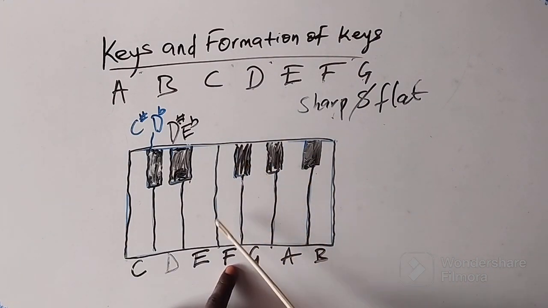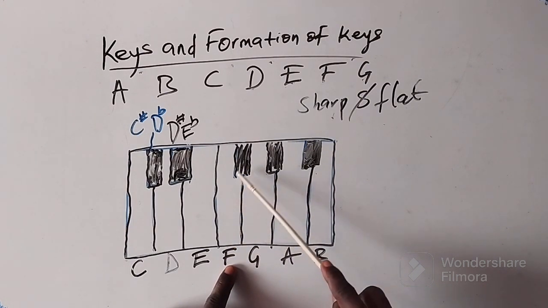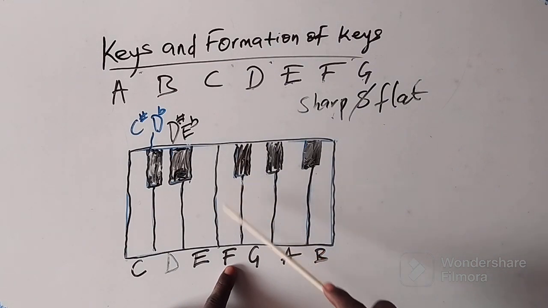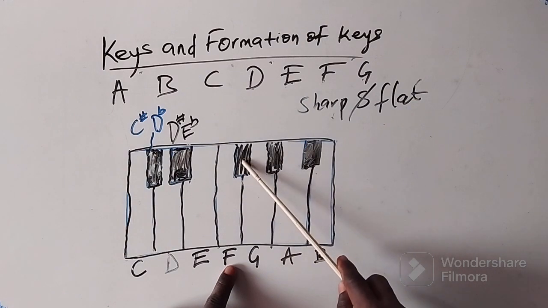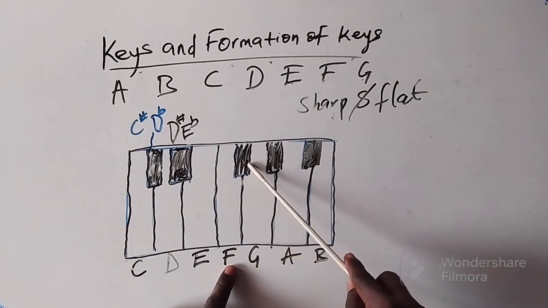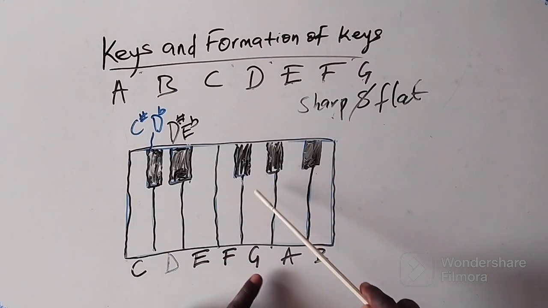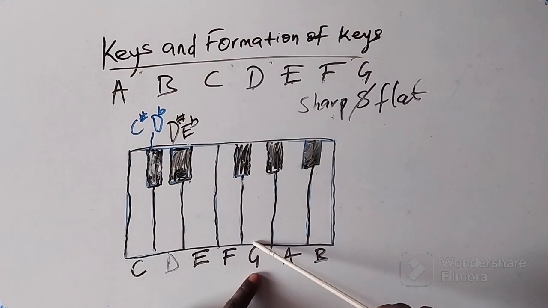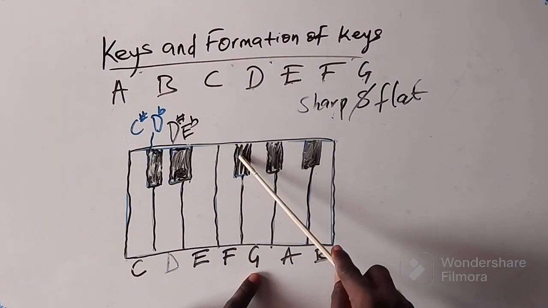It is E that flattens F. Understand that. Coming to this one again, key F. This is key F. The black note in front is called F sharp because it is in front of F and it sharpens F a semitone. But coming to G, there is a key called key G, and it is at the back.